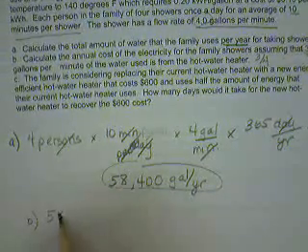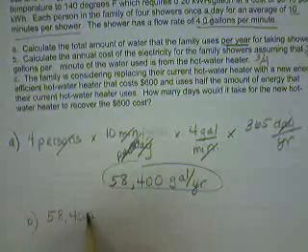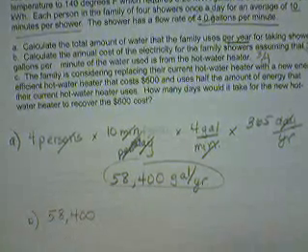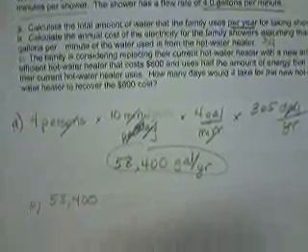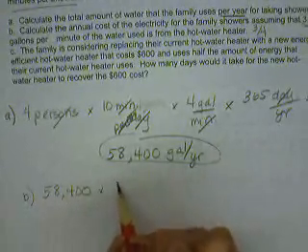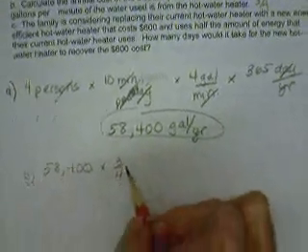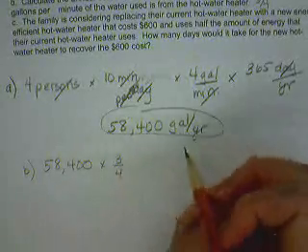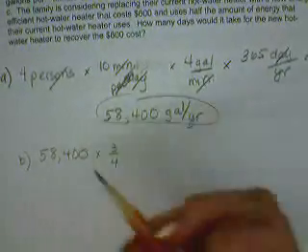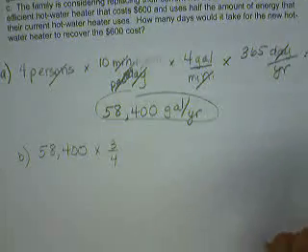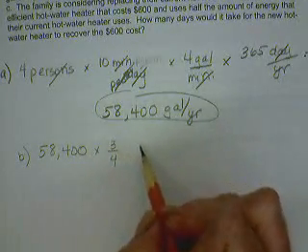So 58,400, we need to multiply that by 3/4. Or I can just take this number and multiply it by 0.75.